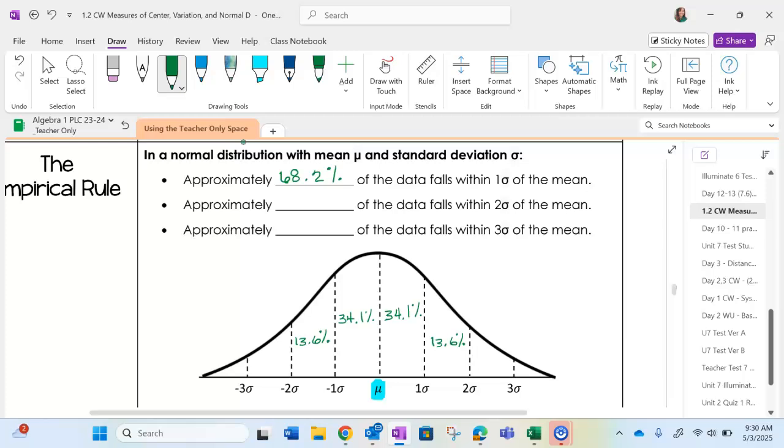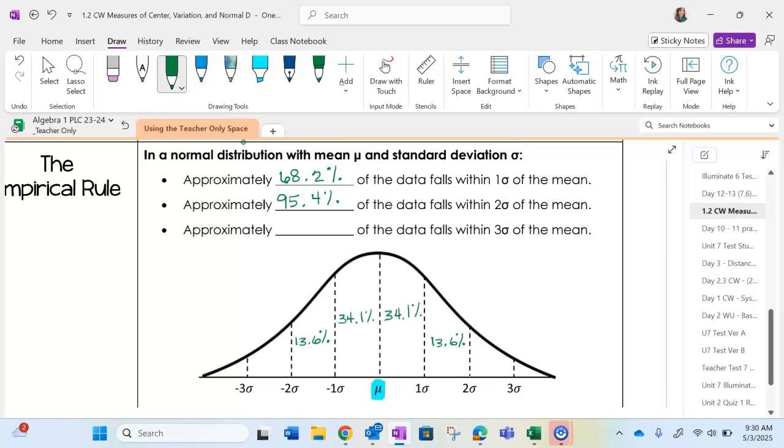Now, if I add all this up, 13.6 plus 34.1 plus 34.1 plus 13.6, that is within 2 standard deviations of the mean. It becomes 95.4% of all data falls within 2 standard deviations.